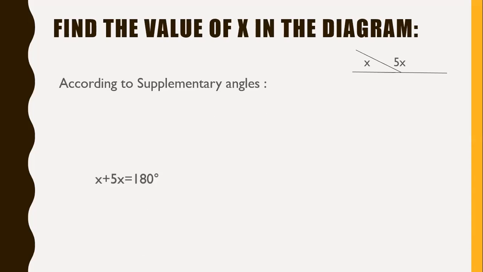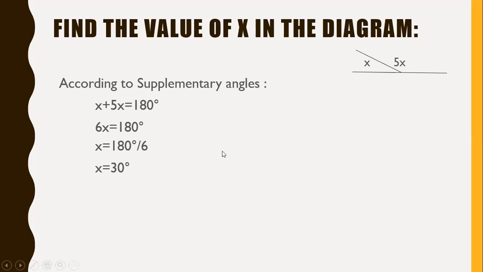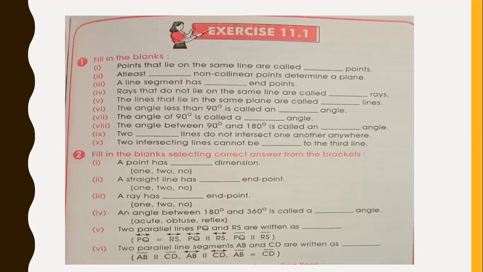And 180 degree divided by 6, we get the answer 30. Excellent. Now, here you can see exercise 11.1, we have discussed all the definitions.